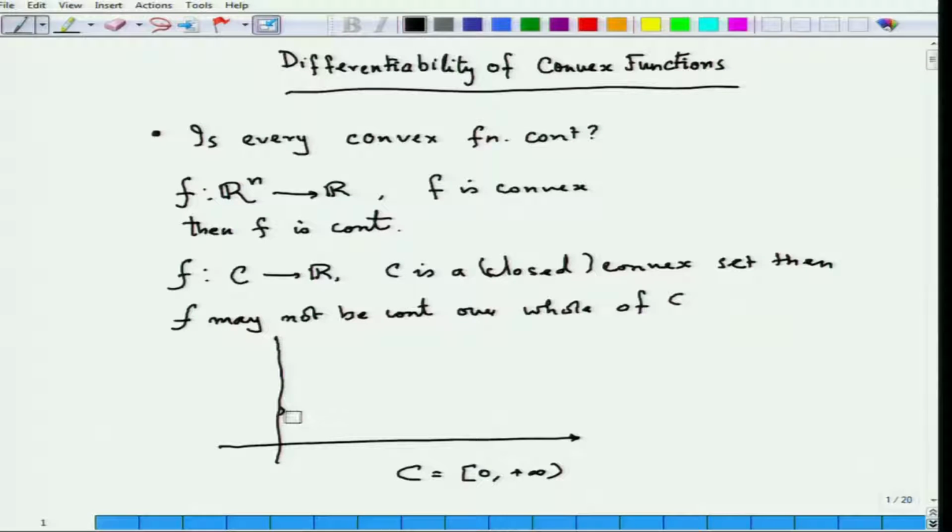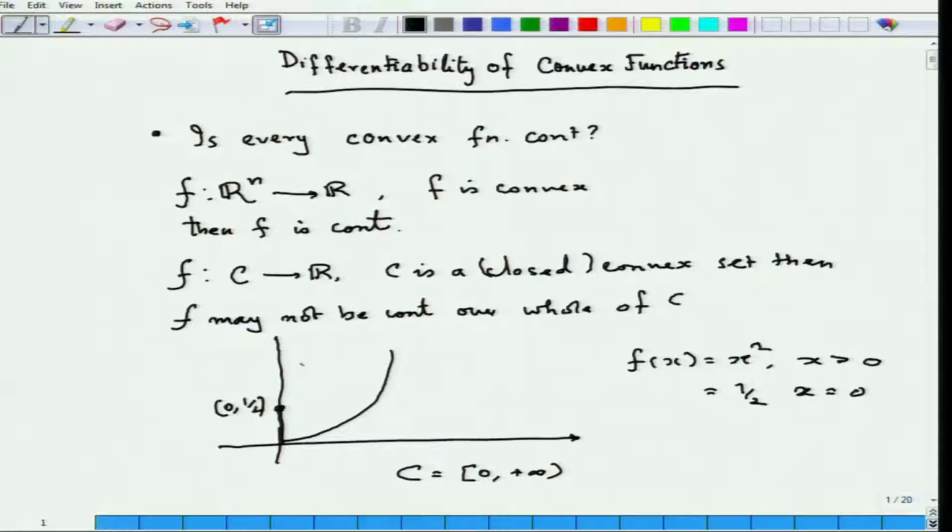Say this is just f(x) equal to x squared for x greater than 0 and is equal to half for x equal to 0. So, this is half, this is 0.